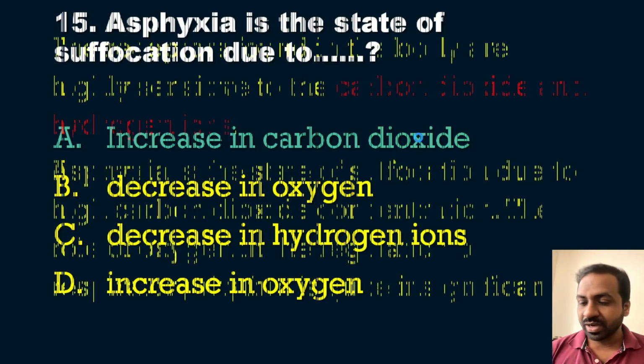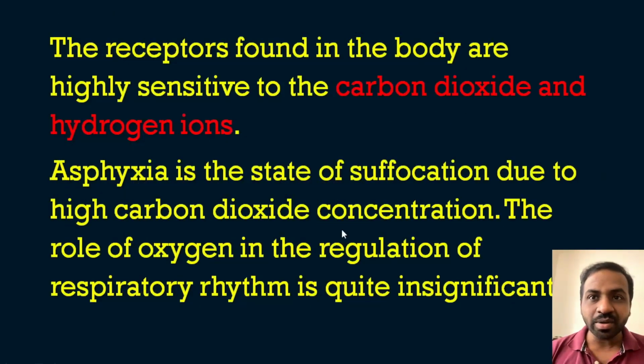Why? That we will see in the explanation. The receptors in the body, that means the receptors in the brain, are highly sensitive to carbon dioxide and hydrogen ions. The initiation of respiration is stimulated by carbon dioxide, and not by oxygen.